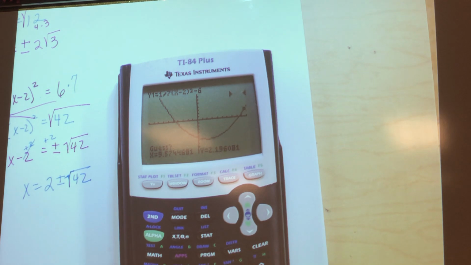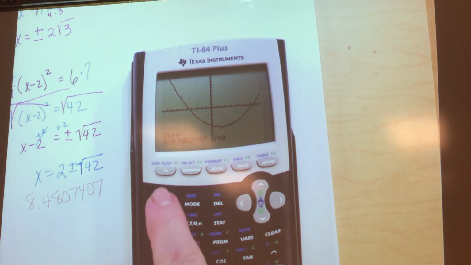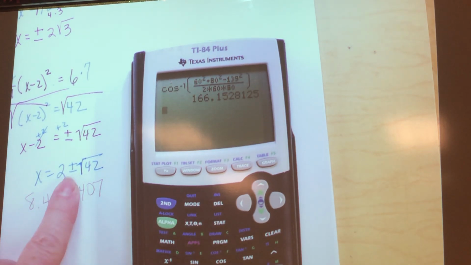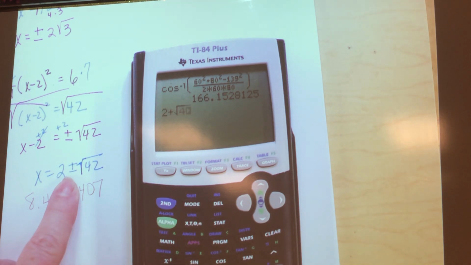I don't want to guess, so I'll press enter. So there is the number that it tells me. It says 4807407. Do you agree? Okay, so watch what I'm fixing to do. Second and quit. What is 2 plus the square root of 42?